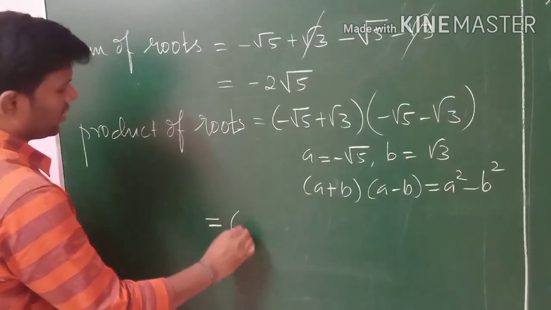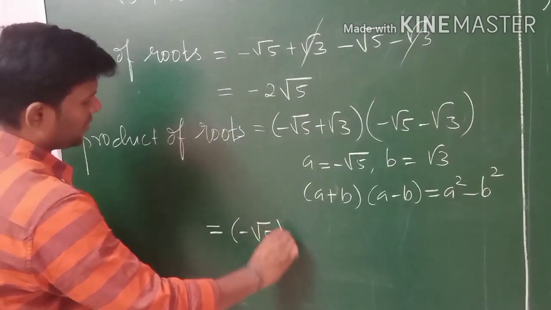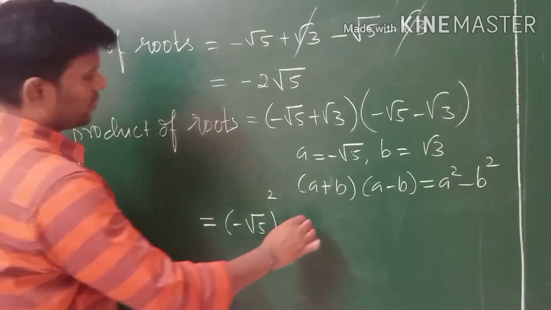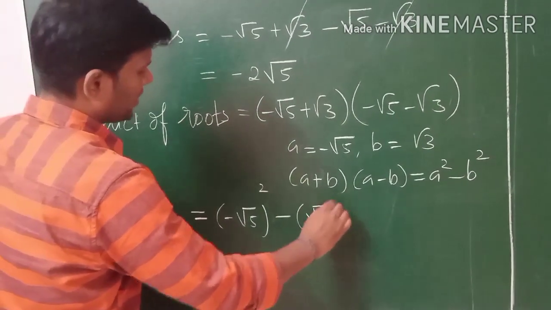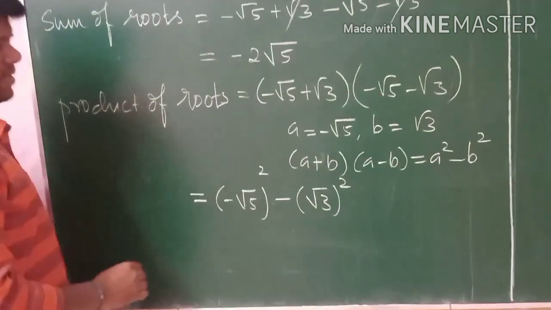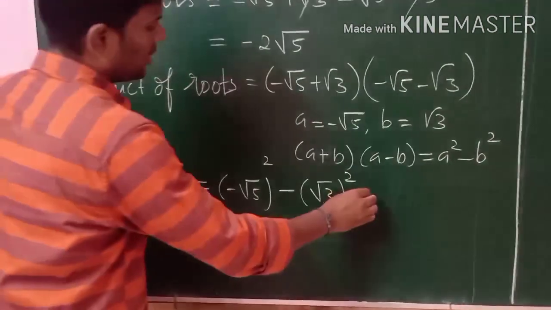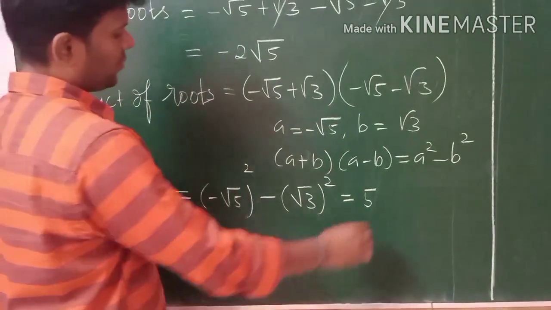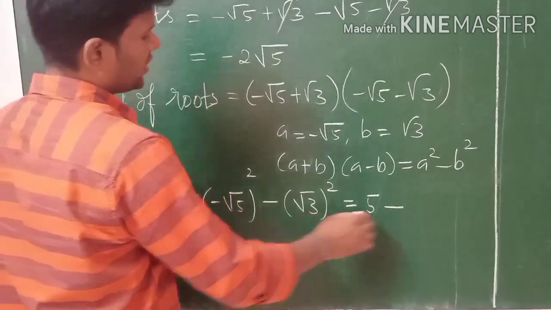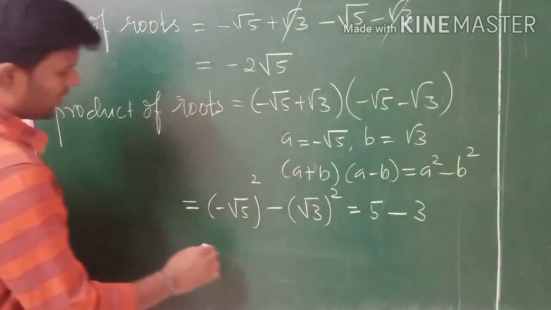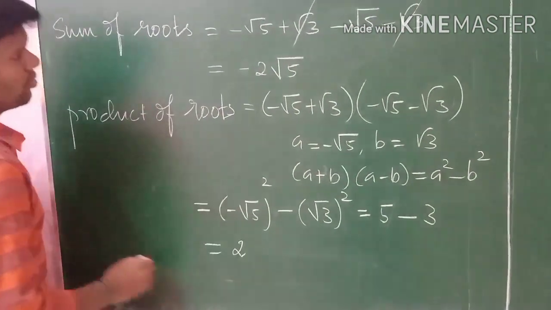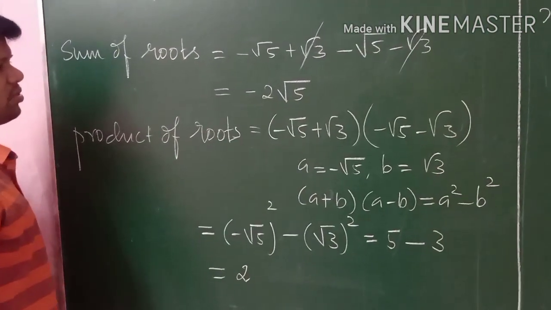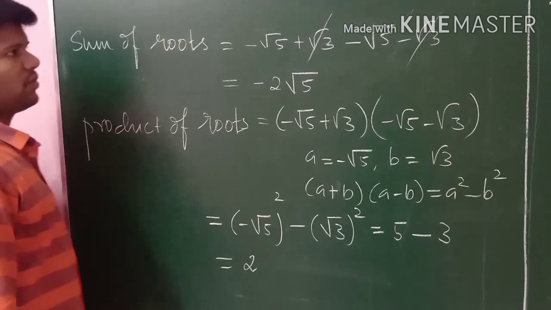So minus square root of 5 the whole square minus square root of 3 the whole square. What is minus square root of 5 into minus square root of 5? Minus into minus is plus, square root of 5 into square root of 5, 5, minus square root of 3 square, which is 3. So 5 minus 3 equal to 2. So sum of roots is minus 2 square root of 5, product of roots is 2.